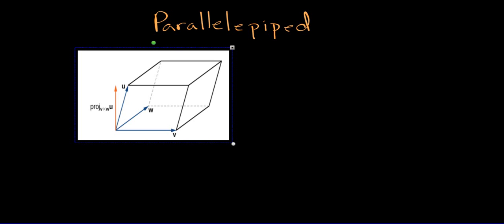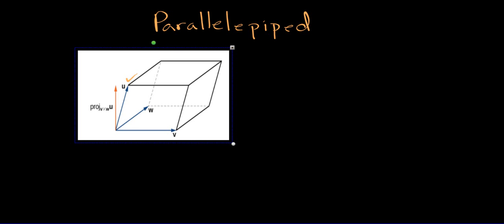What we take note of is that you can use the cross product to get the volume, because if we've got U here, we can calculate the height of this parallelepiped by projecting it onto an orthogonal vector. If I get the orthogonal vector of V and W, and project U onto that orthogonal vector, I've got the height.